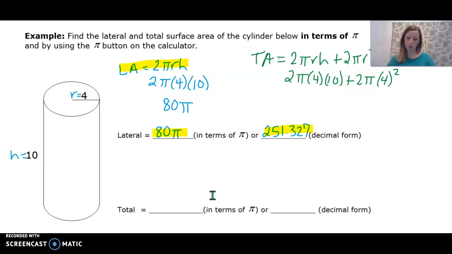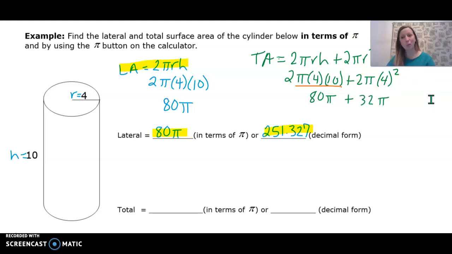Now we already know what all of this is because we've already multiplied it together over here and we got 80 pi. 2 times 4 is 8, 8 times 10 is 80, so 80 pi. Plus, now let's do this over here, 4 squared, that means 4 times 4, is 16, and then we're going to multiply it by this 2. 16 times 2 is 32 pi.